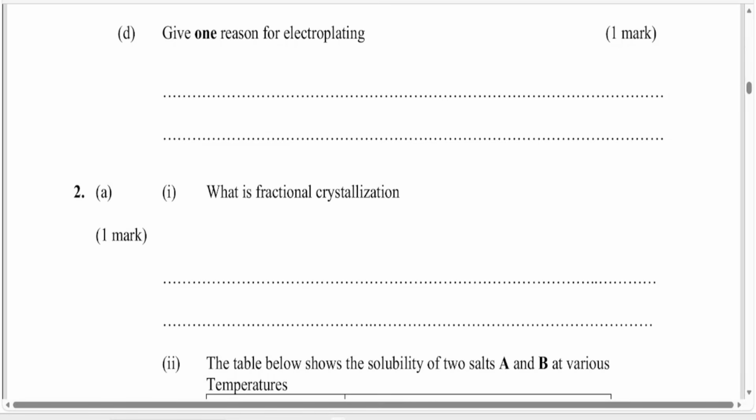So one of the reasons why we do electroplating is to improve the appearance of the material. We also do this to prevent corrosion.